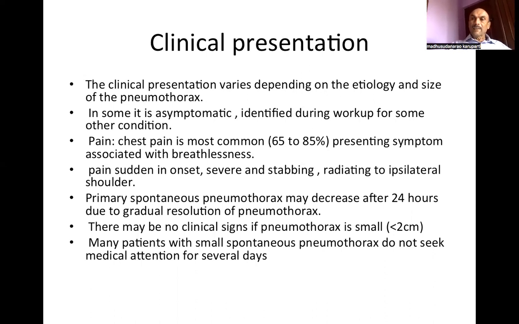Well, if the pneumothorax is less than 2 centimeters, there may not be any clinical symptoms. Many patients with small spontaneous pneumothorax, because they are asymptomatic, do not seek medical advice for weeks or for several days.